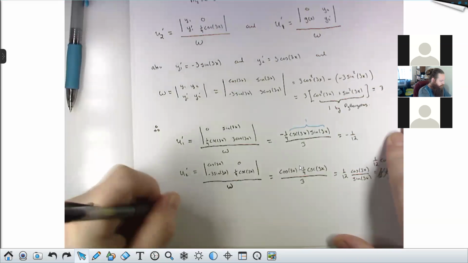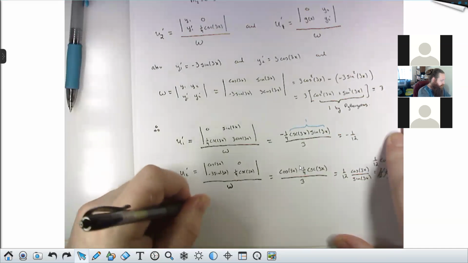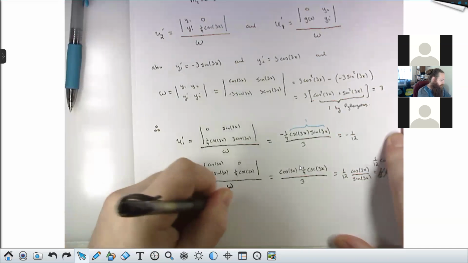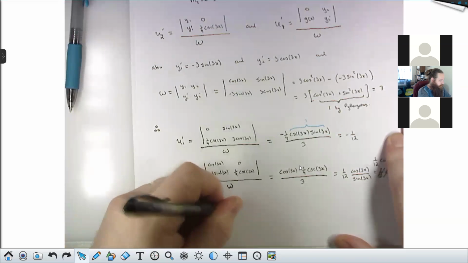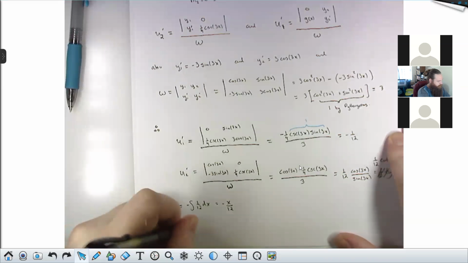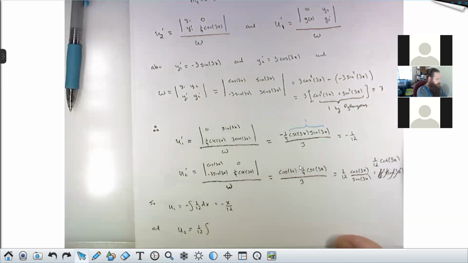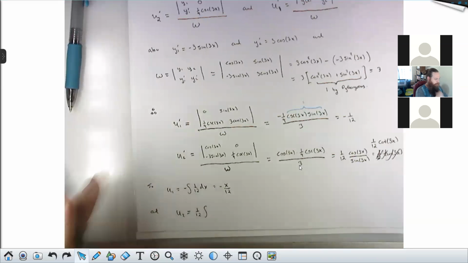So u1 is negative integral 1/12 dx, which is negative x over 12. And u2 is 1/12 integral of cotangent 3x.